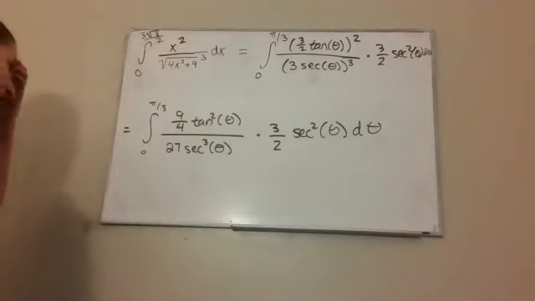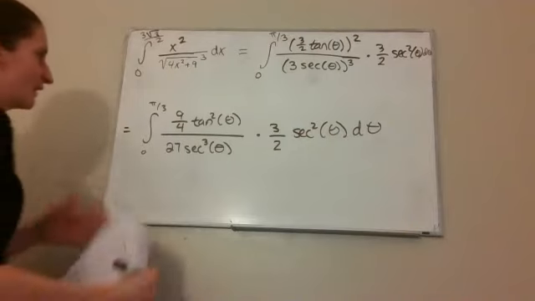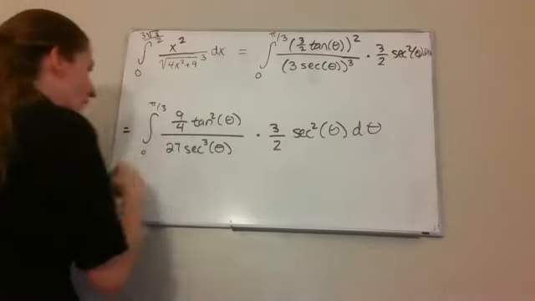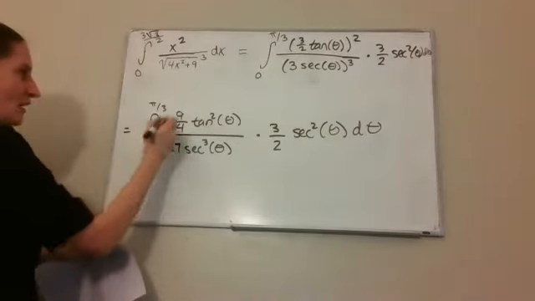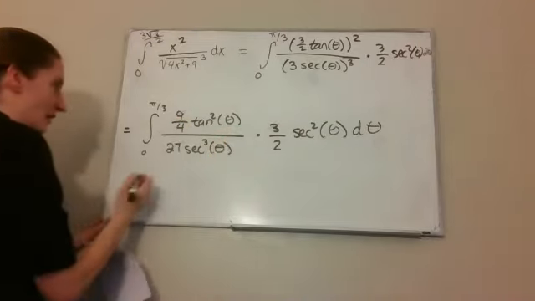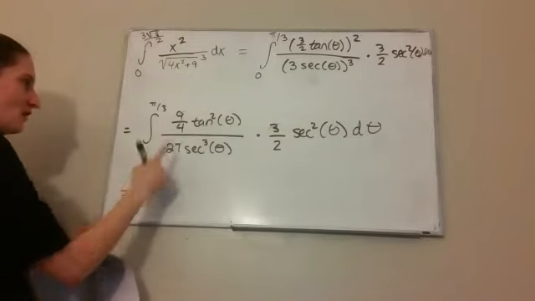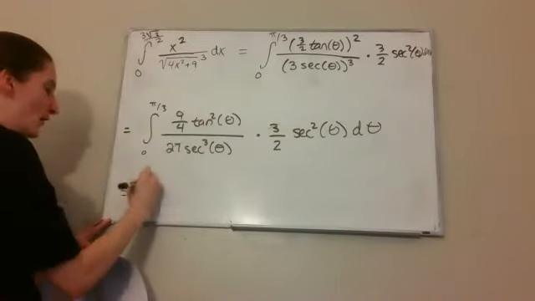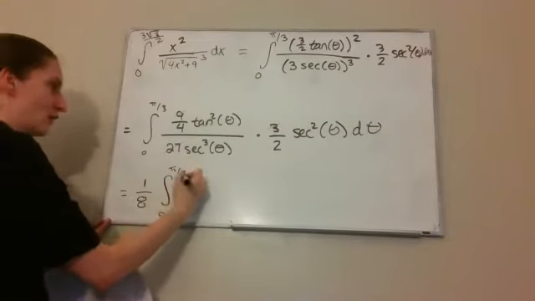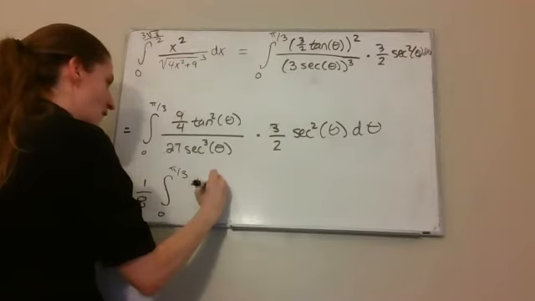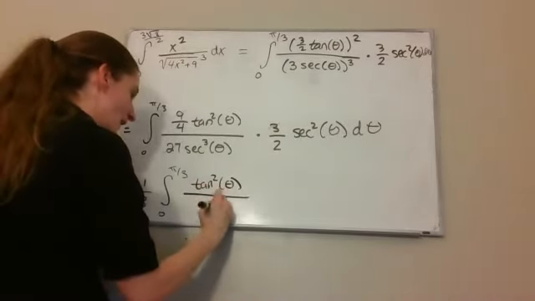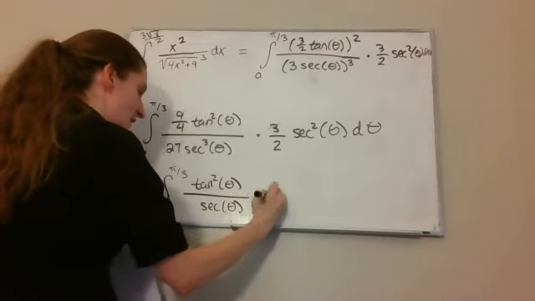I can cancel out some of the secants, and I can play with the way that the numbers are written here. The 9 and the 3 on the top are going to cancel the 27 in the bottom here. And I end up just having a 1/4 and a 1/2, which is 1/8. Integral from 0 to pi/3, tangent squared of theta over secant theta d theta.